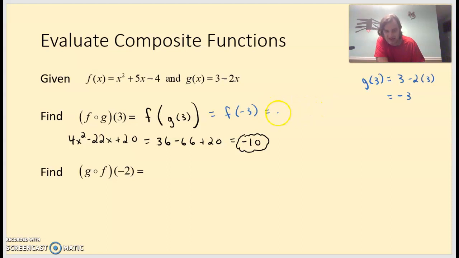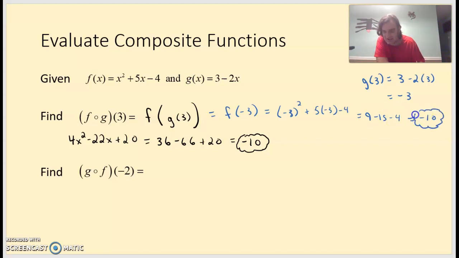And then we would take that negative 3 and plug it in for f. And let's see if we get the same thing. So in this case, I get 9 minus 15 minus 4. So that's minus 19 and a positive 9, so minus 10.